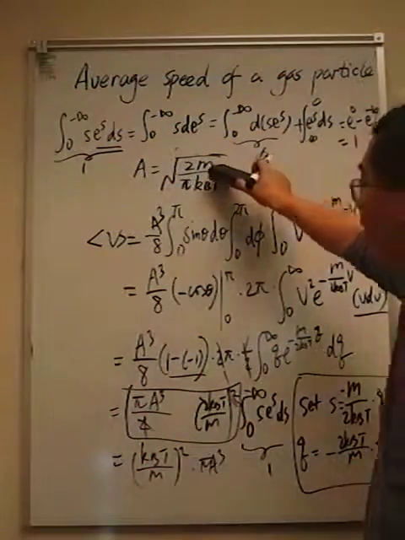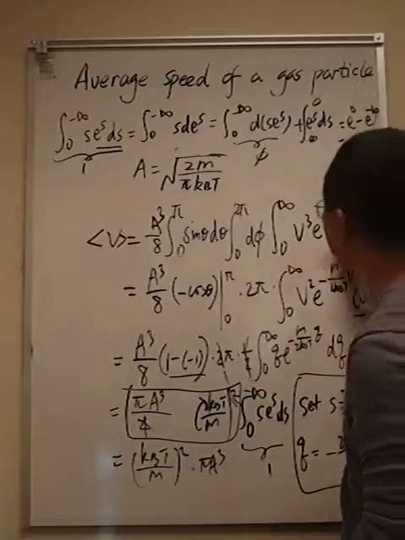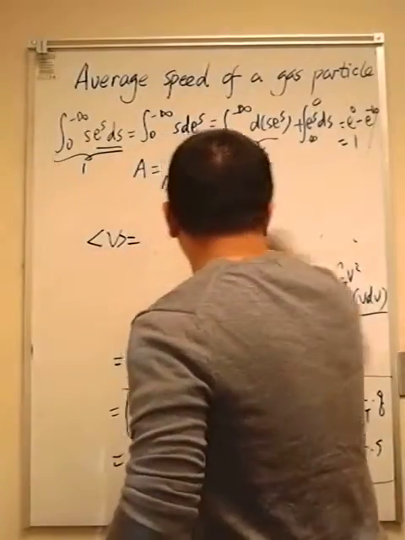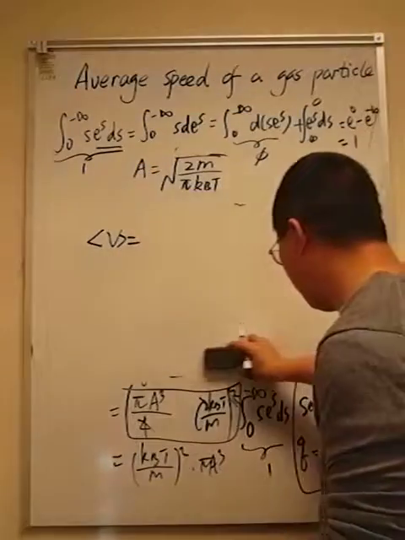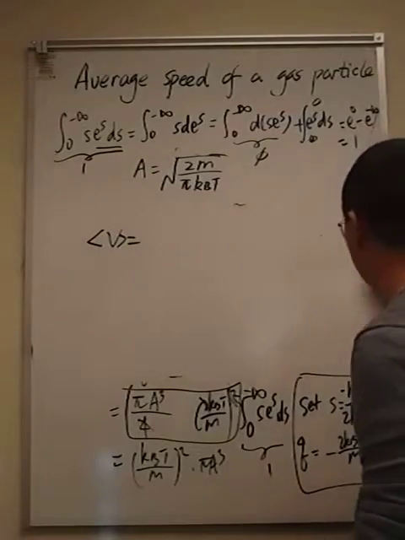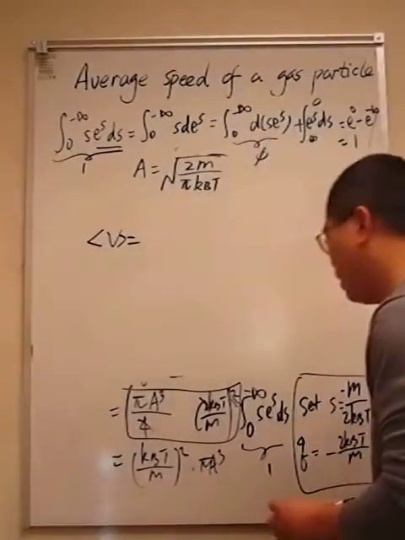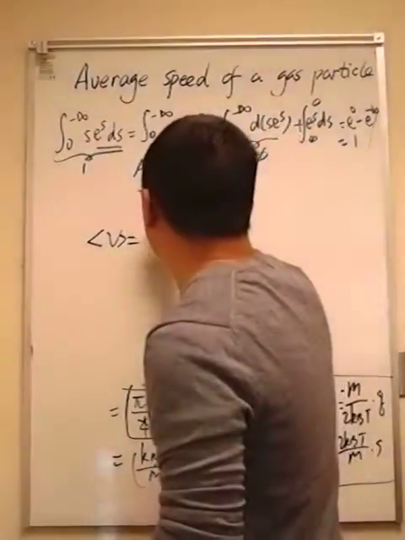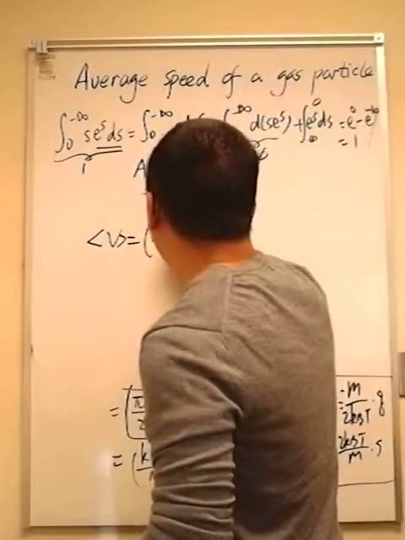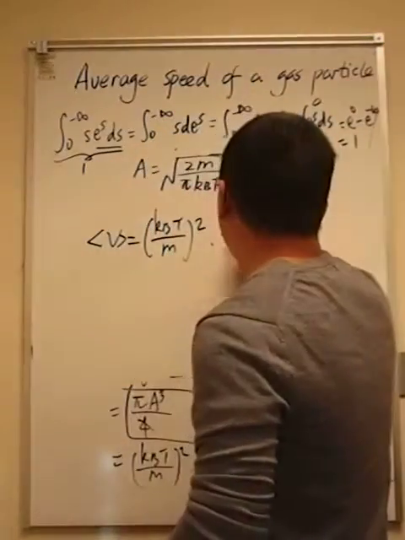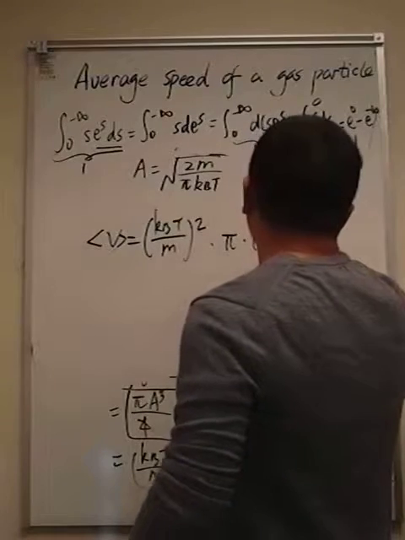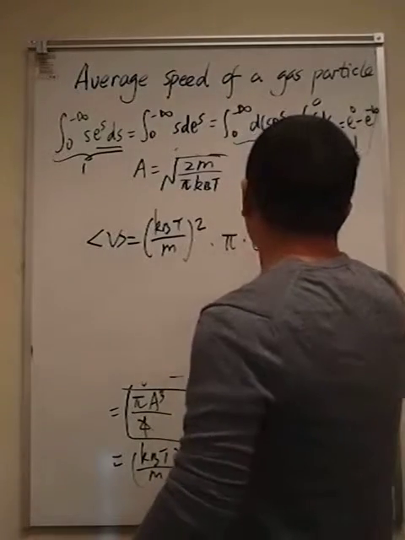We know what a is. A is over there, so I'm going to erase this line and some other lines to make it easier to see. It's going to be kBT squared multiplied by pi multiplied by pi kBT. I'm copying this here.